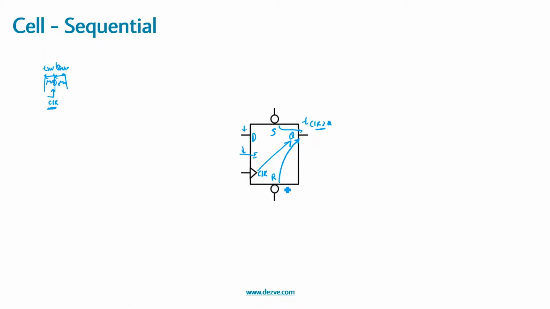So there can be an independent timing path from R to Q and S to Q. These are called reset output paths, correct? Just for naming for our purpose, these are delays from S to Q and R to Q.